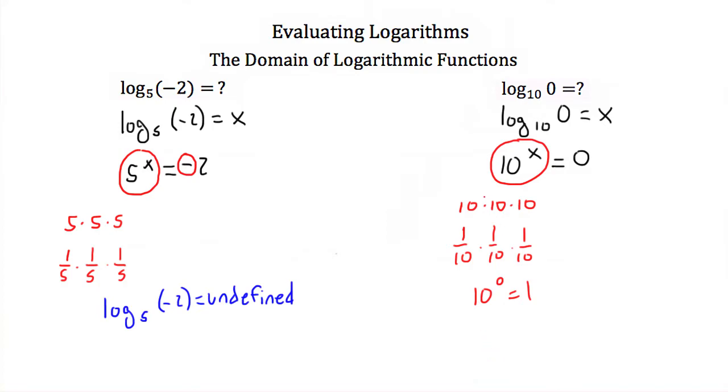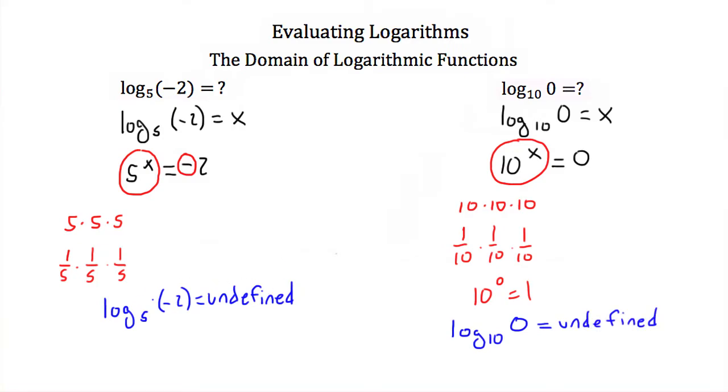So there's no number that we can plug in for x that would make 10 to the x equal to 0. The only way I can multiply 10 by anything and get 0 is if I multiply it by 0. So therefore, the log base 10 of 0 is also undefined.